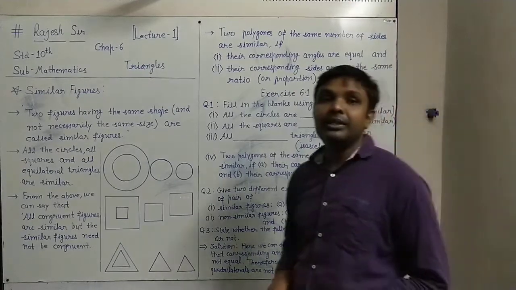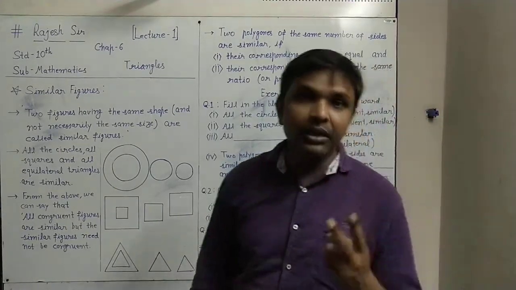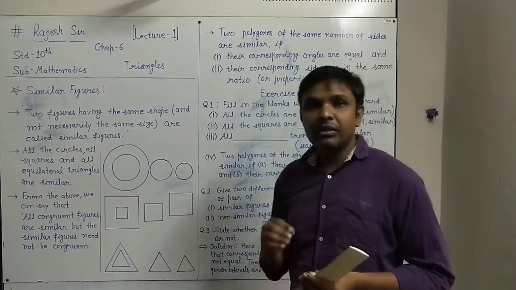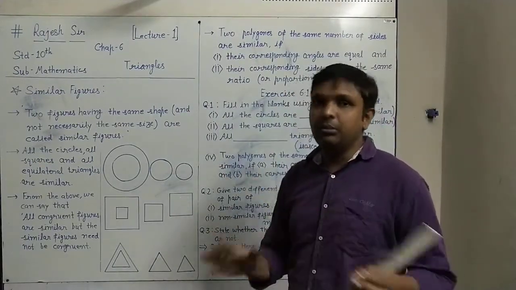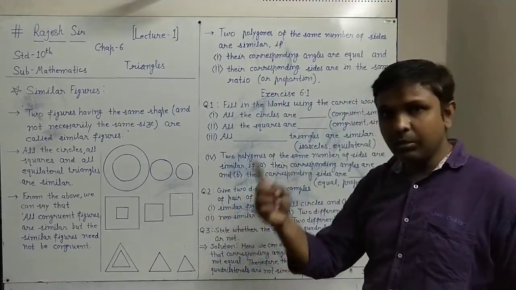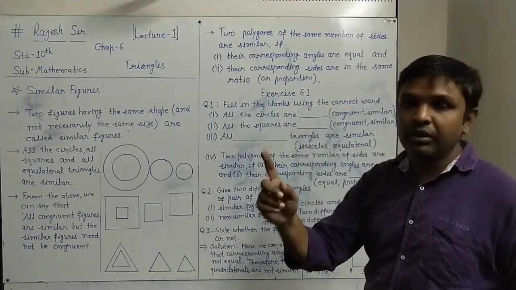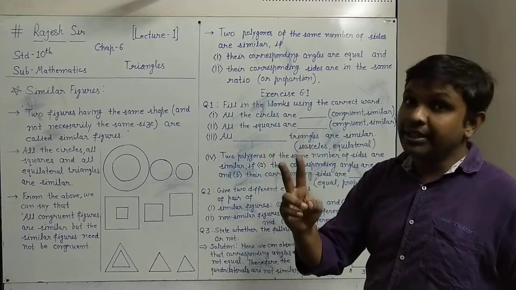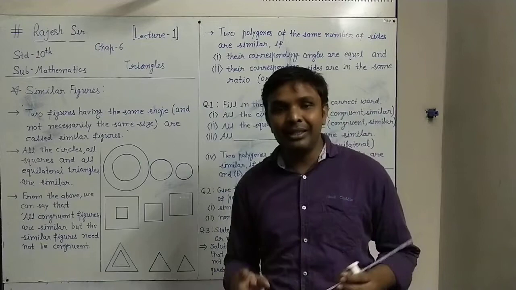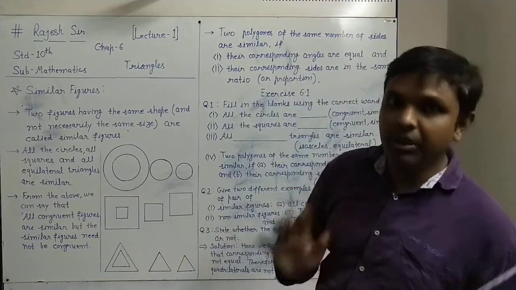Then only we can say that the two given polygons are similar. If the corresponding angles are equal, that is condition number one, and the corresponding sides are in proportion or in the same ratio, that is number two, then only we can say the two polygons are similar.